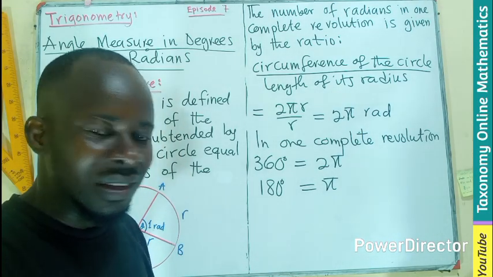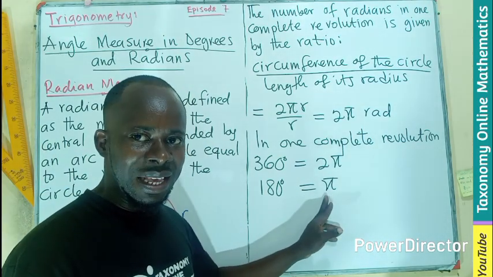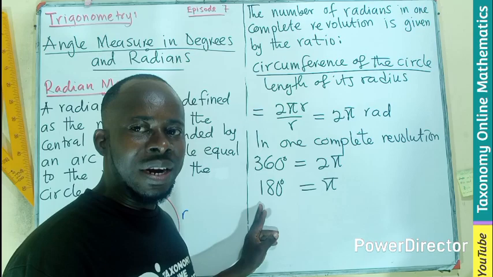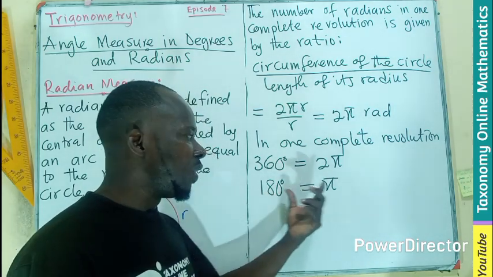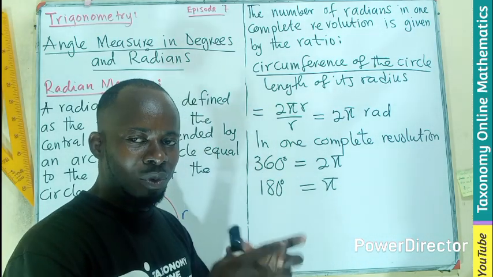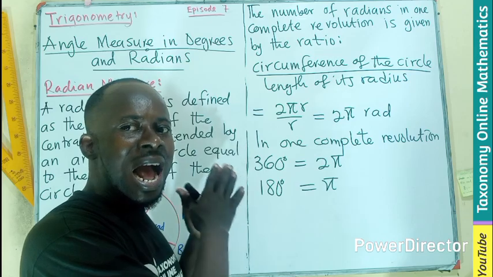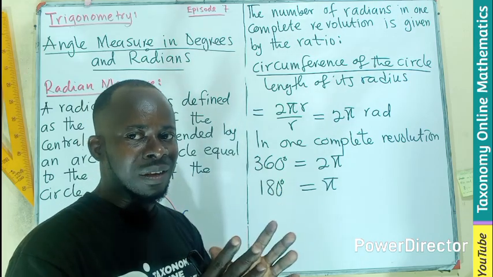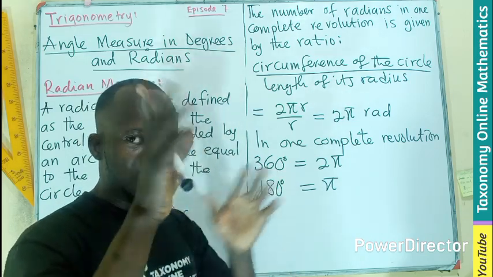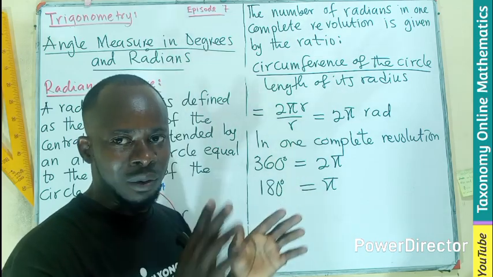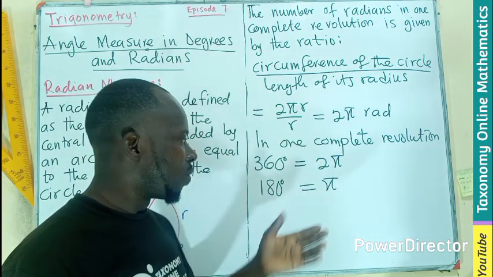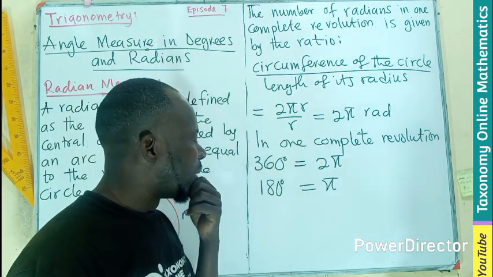That really means that 1 pi is equal to 180. That 180 is equal to pi in terms of measurement of angles, not in the real sense, which we know is the ratio of the circumference to the diameter, which is different compared to this. So now what do we do?